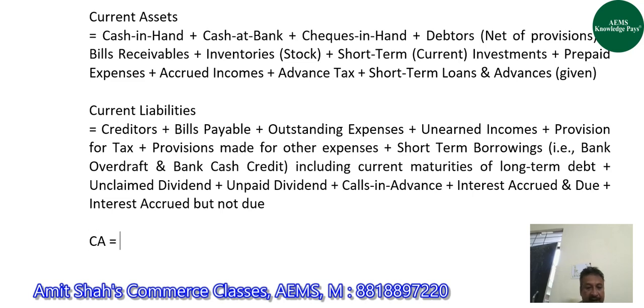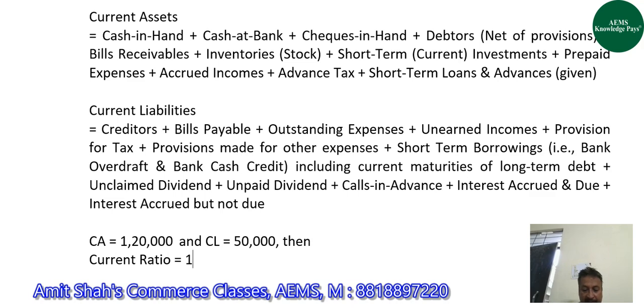So, guys, suppose current assets of a business are 1,20,000 and its current liabilities are 50,000, then its current ratio would be 1,20,000 divided by 50,000. That is current assets divided by current liabilities. That is 2.4 times. Or you can also write it as 2.4 is to 1.